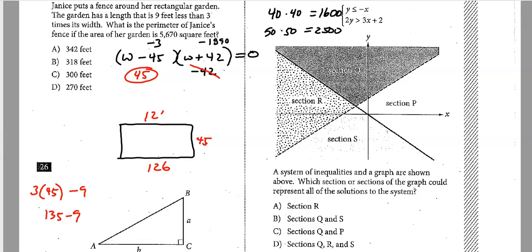And then now we just got to go back and figure out what the perimeter is. Holy smokes, this one's long. So that's 252 added to 90. That'd be 352. That'd be 342. Whew. Correct answer there is A. Would have been a lot faster with a graphing calculator, that's for sure.